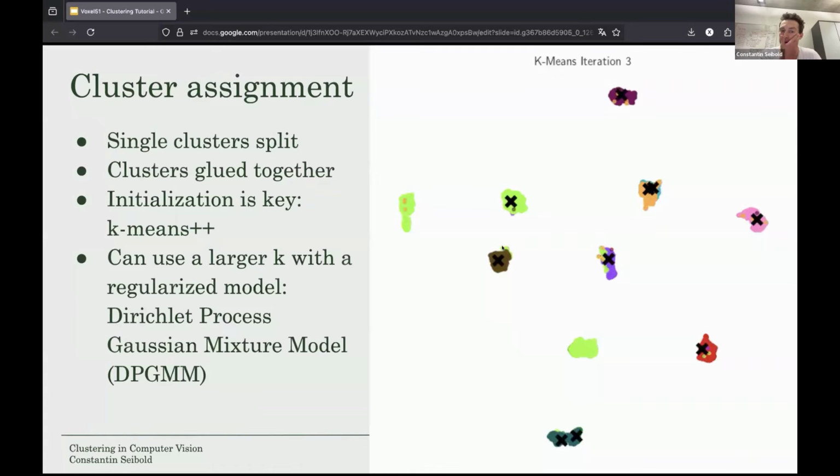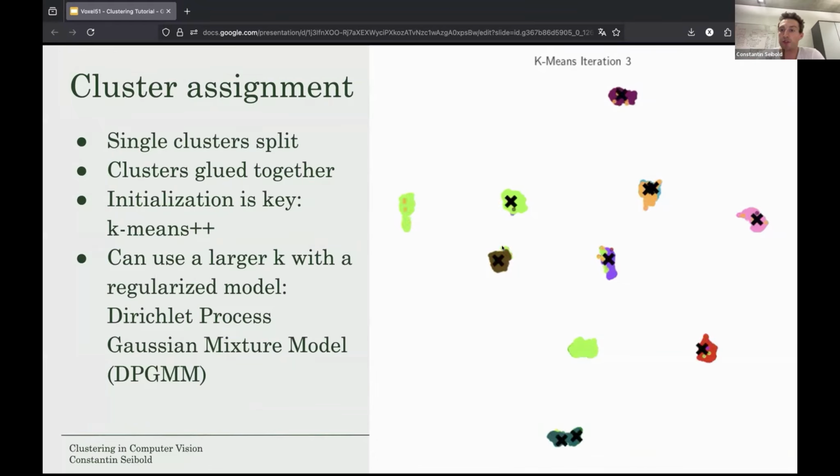A different problem is the cluster assignment. For example, if you have an unfortunate initialization, it might lead to clusters that should be glued together being split apart. And for this, the right initialization is the key. K-means plus plus offers a bit better initialization and is basically the go-to way for initialization in libraries such as sklearn.